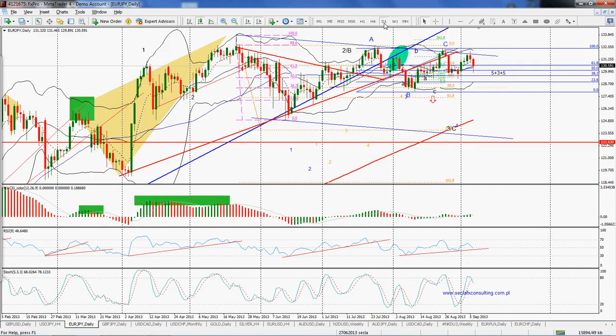And on the daily chart, you can see here that's the upper boundary of a downward channel, and the market wasn't able to break through these levels here, and that was the second, if not the third try for the market.